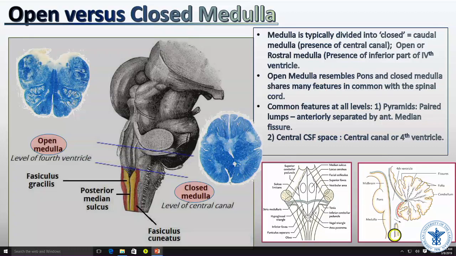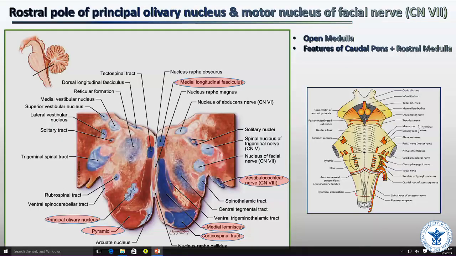It's not that big. It's a really tiny canal which goes to the center. But you get the idea, right? So it's open all the way from here, pons, up to the upper part of the medulla, and then it gets closed down there. Right.